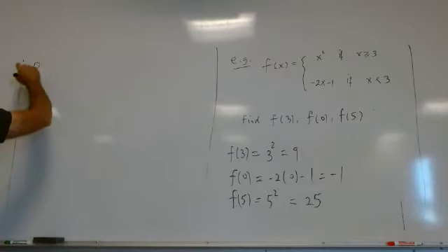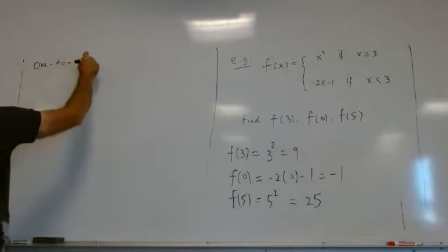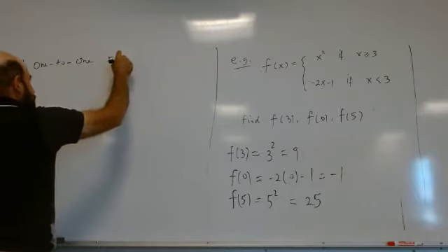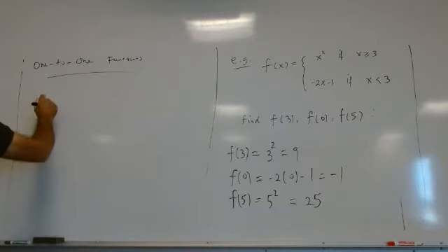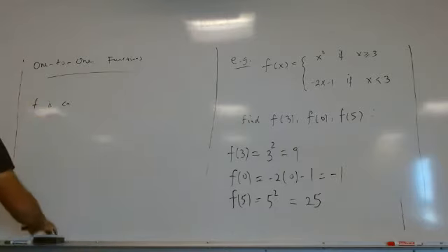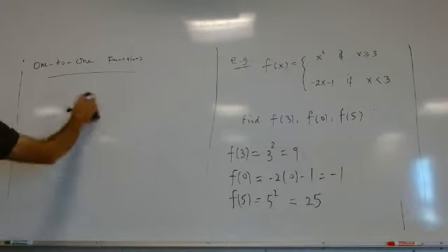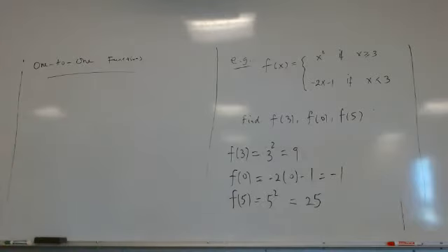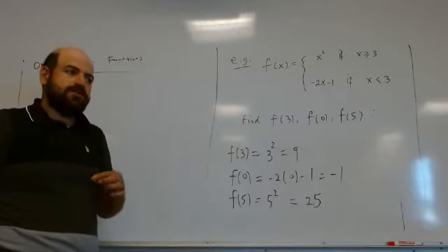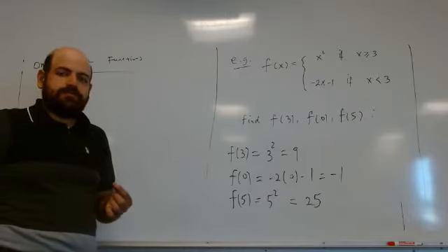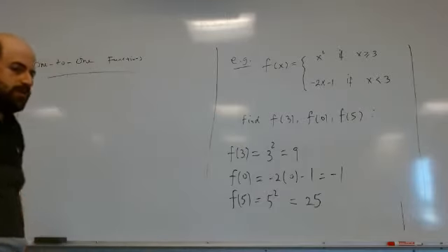Okay, another important concept you learned in pre-calculus was the concept of one-to-one functions. It has to be a function, first of all. So if you want to have a one-to-one function, first of all, you need to have a function. And once you have a function, then you can determine whether it's one-to-one or not.